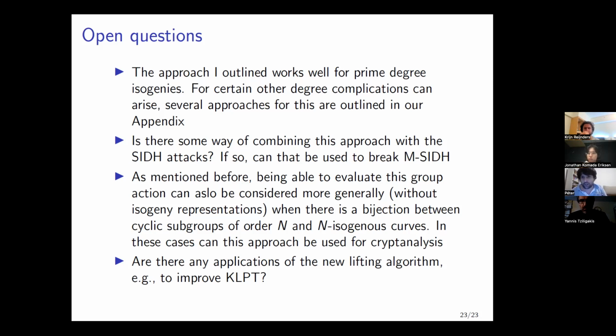And then the other natural question that I think pops up is whether this new lifting algorithm can be improved to use KLPT. One thing about this lifting algorithm is that you can now purely run KLPT between any two maximal orders, and it's a different approach than what is done in SkiSign.